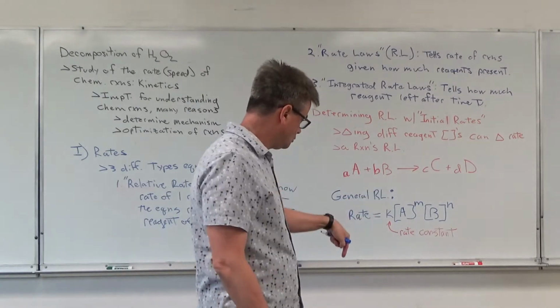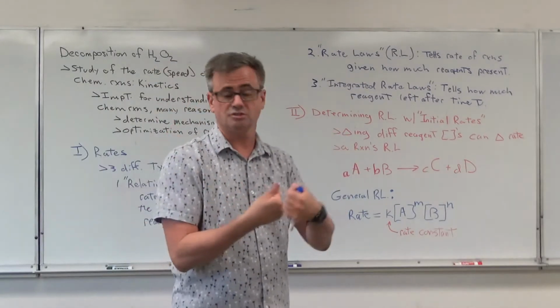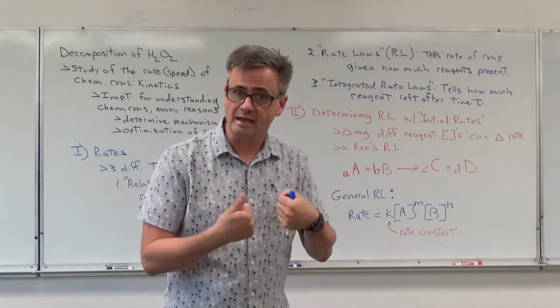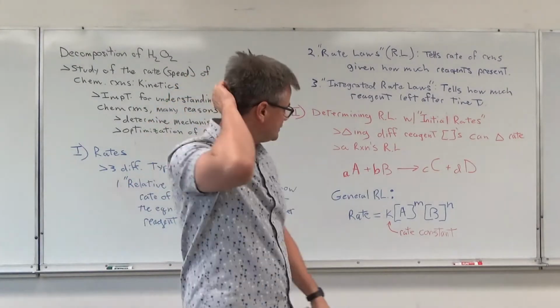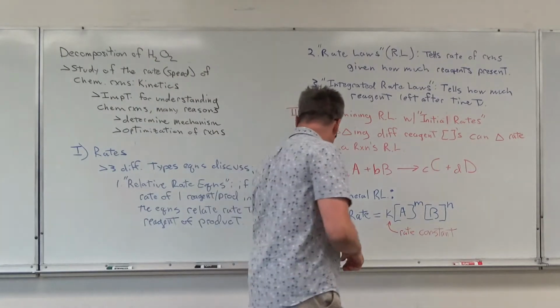If you have a low rate constant, then a lot of those collisions don't have enough energy to make the reaction happen. They don't have enough energy to climb the energy of activation hill.